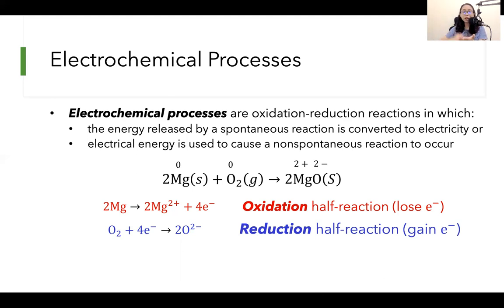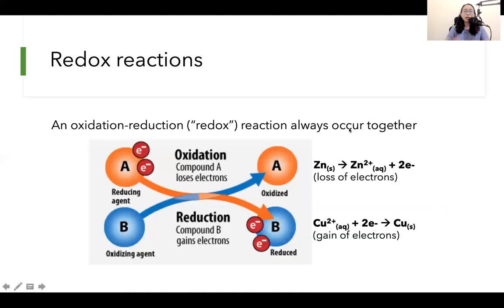Reduction cannot take place if there are no available electrons for the molecule to gain. The electrons will come from the oxidation process. So again, oxidation and reduction always occur together.